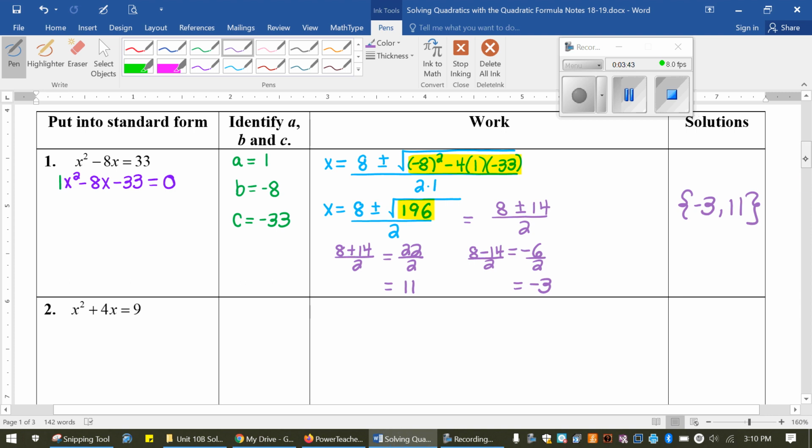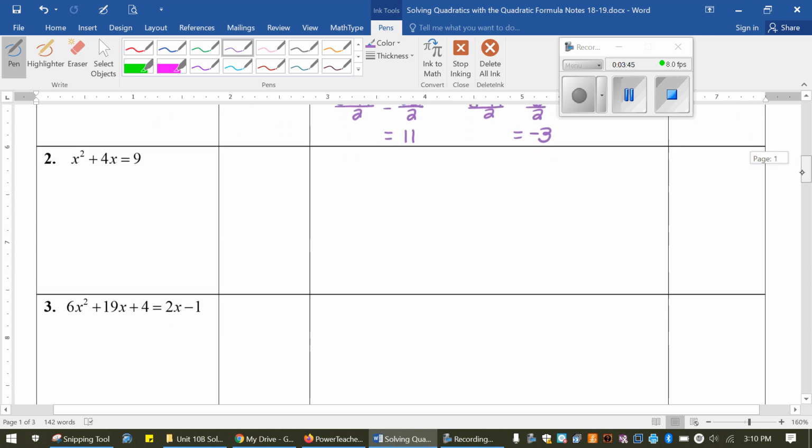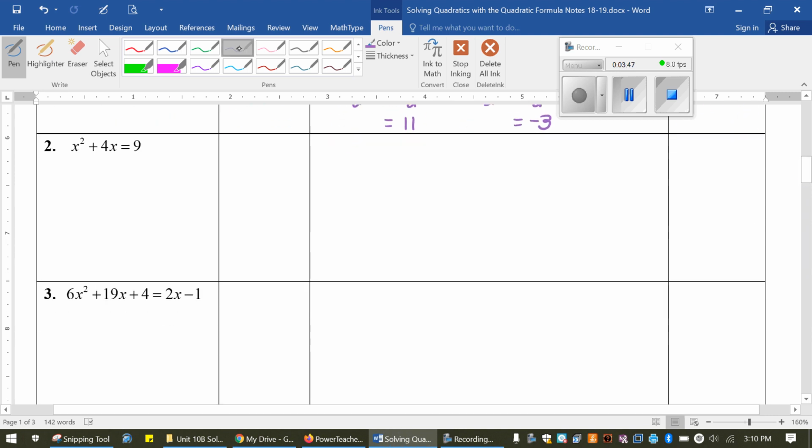All right, let's move on to example number 2. Here we're going to subtract in order to get the plus 4x minus 9 is 0. We're going to identify our a, our b, and our c.